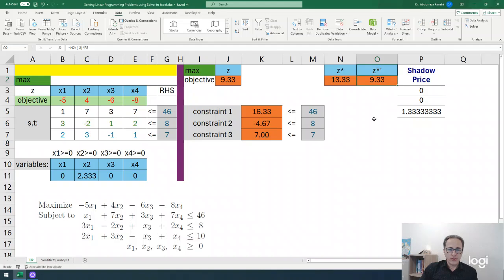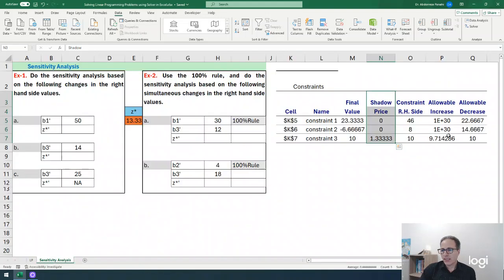Now, let's do another thing. So this was originally 10. We keep the same. And let's see the shadow price for the first constraint. It is 0. And the allowable change, let's say, how many units can we increase? We can increase up to this value. It means infinity.